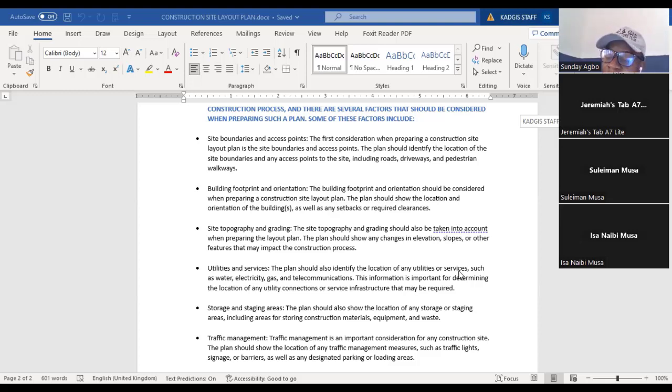So what is required is that the site manager wants to know if there is any underground pipe existing on that site, so that in case of excavation, you will not just start excavating and then meet a heavy pipe on the ground.